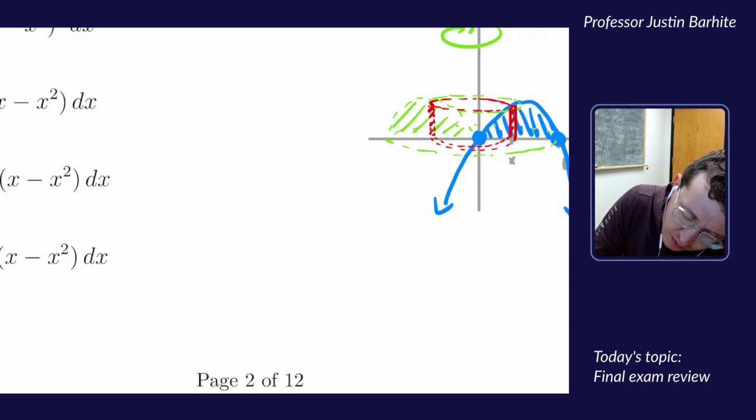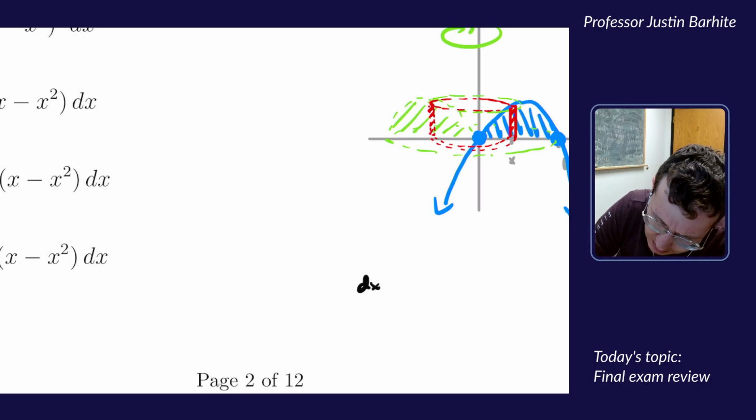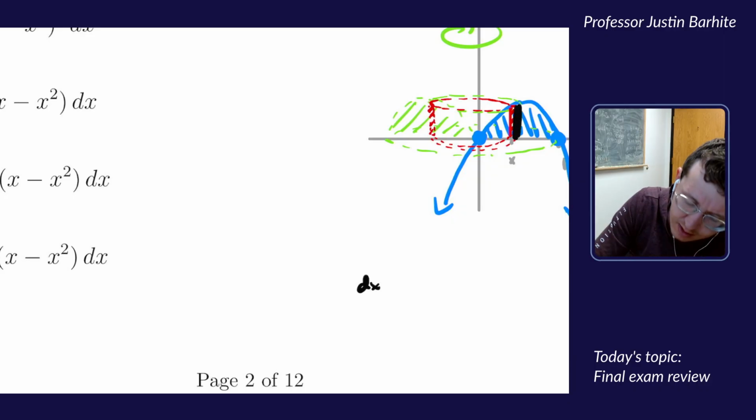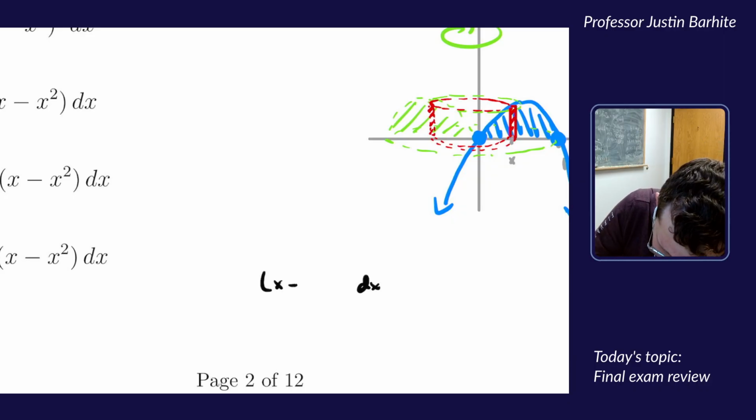The volume of the rectangular prism is the length times the width times the height. So I guess the thickness of that would be dx, and then the height is f of x, which is x minus x squared.